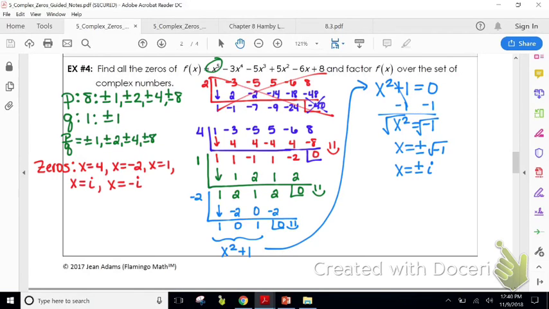Because it wanted me to factor it. So that's the factored form. Now, since it said to factor it, you don't technically have to put f of x in front of it, but I'm going to, because it's still the equation. So now put those zeros into factors.